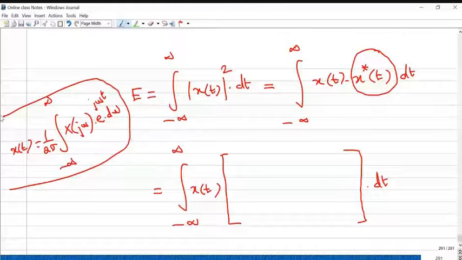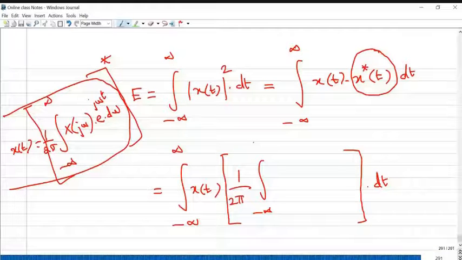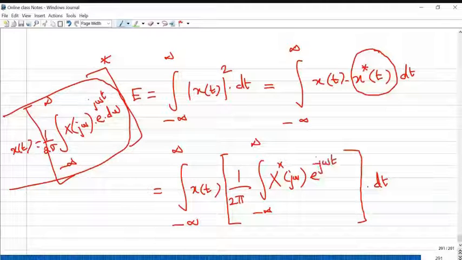But here we need the complex conjugate of this signal, the entire signal. If we bring the complex conjugate inside, we get 1 divided by 2 pi integration from minus infinity to infinity of x star of j omega e power minus j omega t d omega.